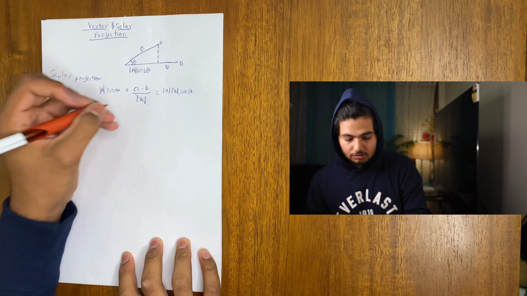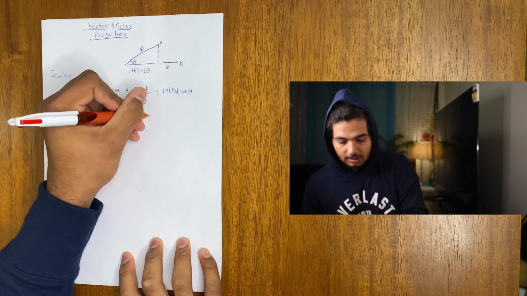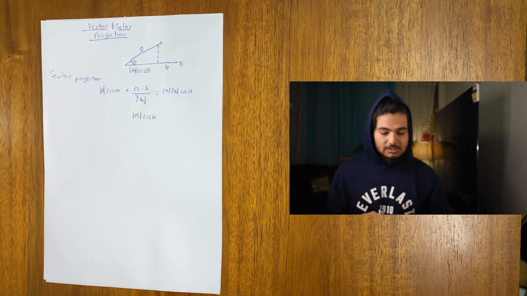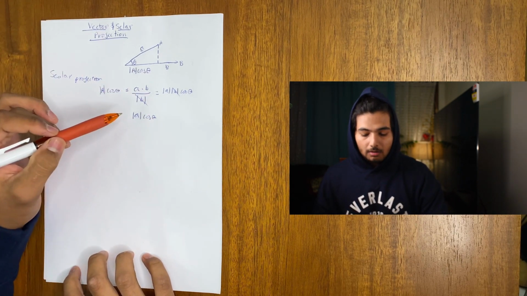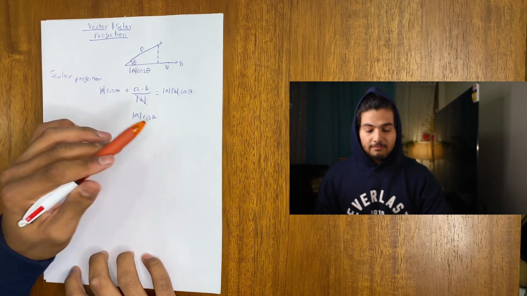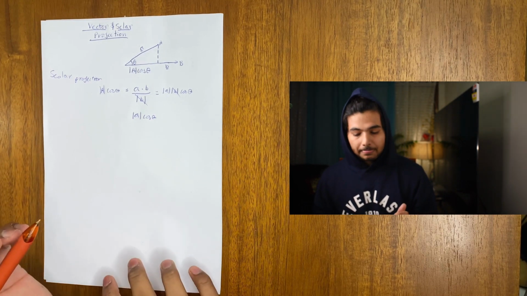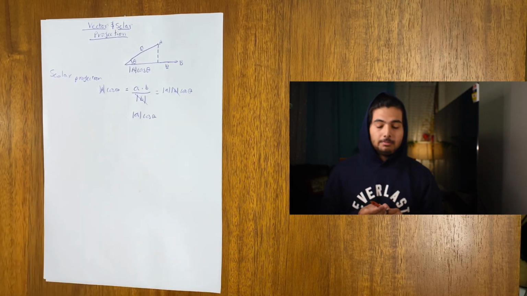This and this cancel, which then leaves me with magnitude of A cos theta. So that is basically just scalar projection. We don't worry about what direction the vector is being projected at. It's only the magnitude that we worry about.